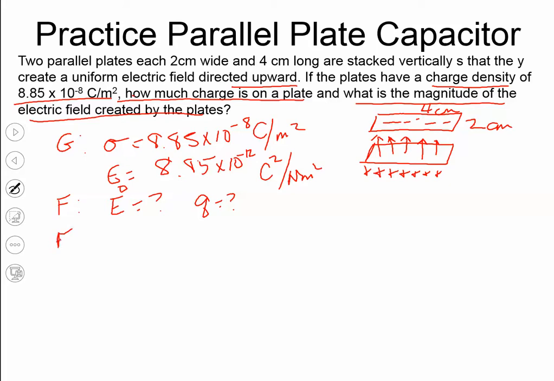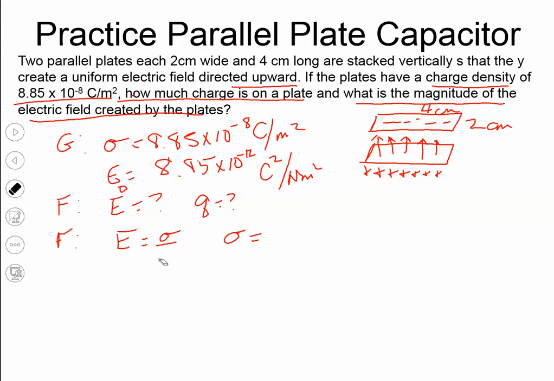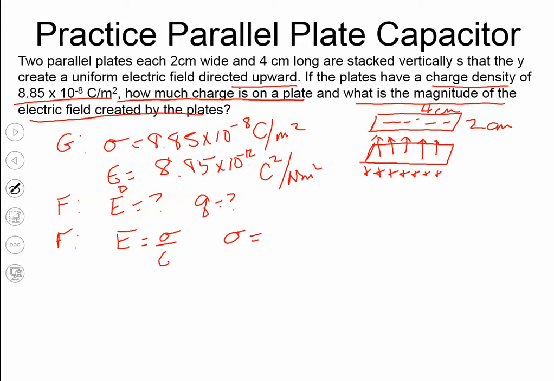So our formula that we're going to use, well, we're going to use our formula that says E equals sigma over epsilon naught.